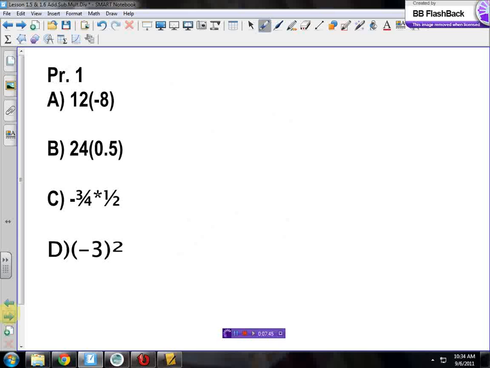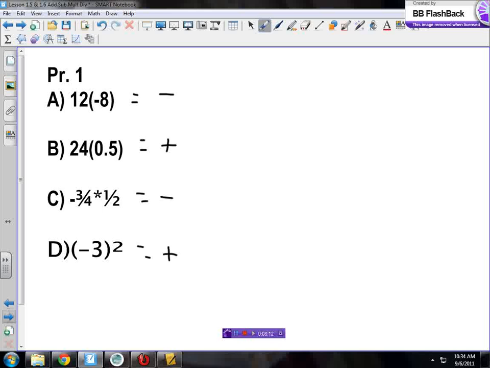So, knowing that, before we solve all these, just tell me what the sign is going to be. A, what's the sign going to be? B, C, and D. Positive, right? That's a little number, so it's supposed to be negative 3 squared.